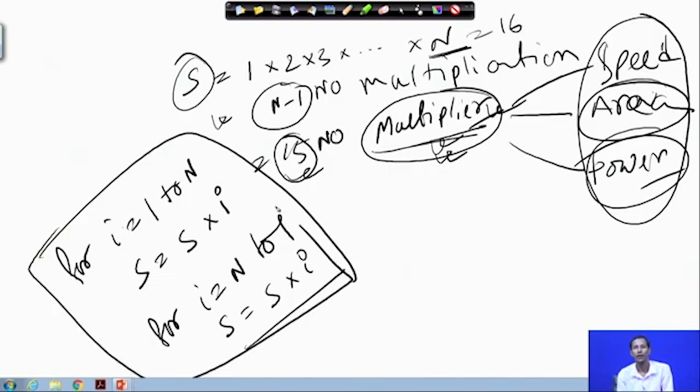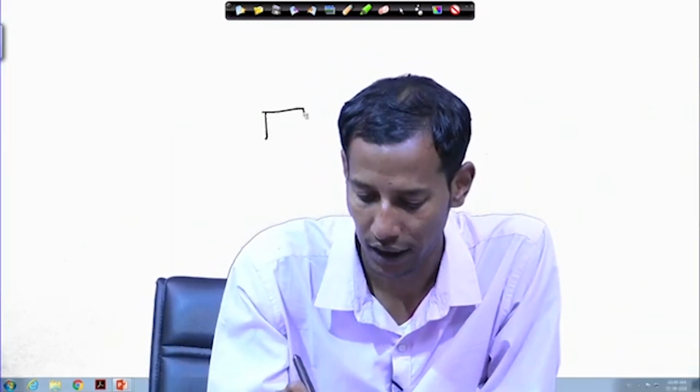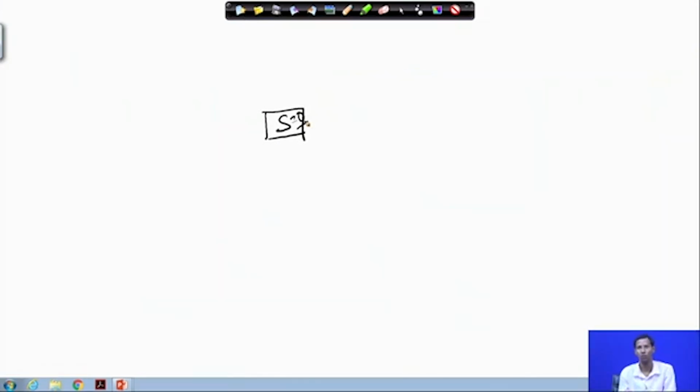Another change is required. In the sum of n natural numbers, the S register is initially set to 0.